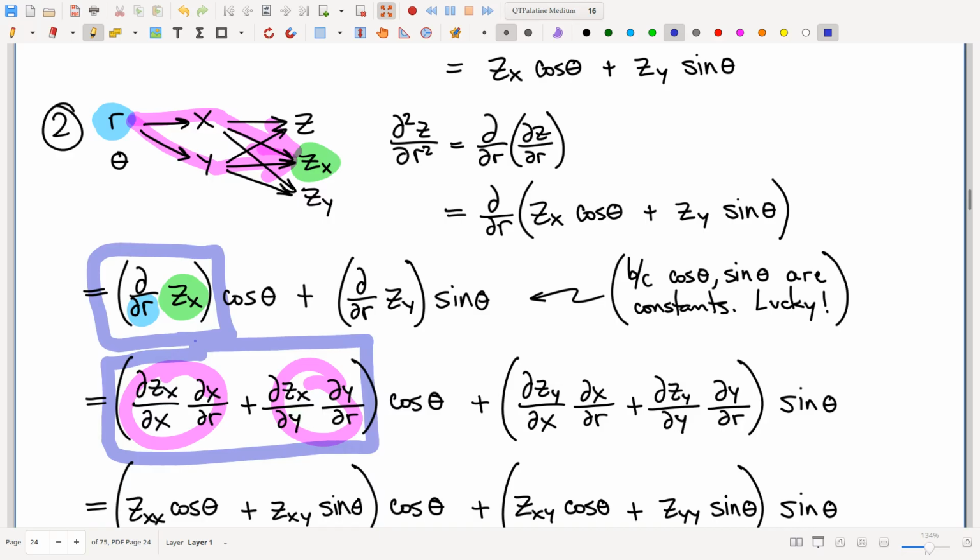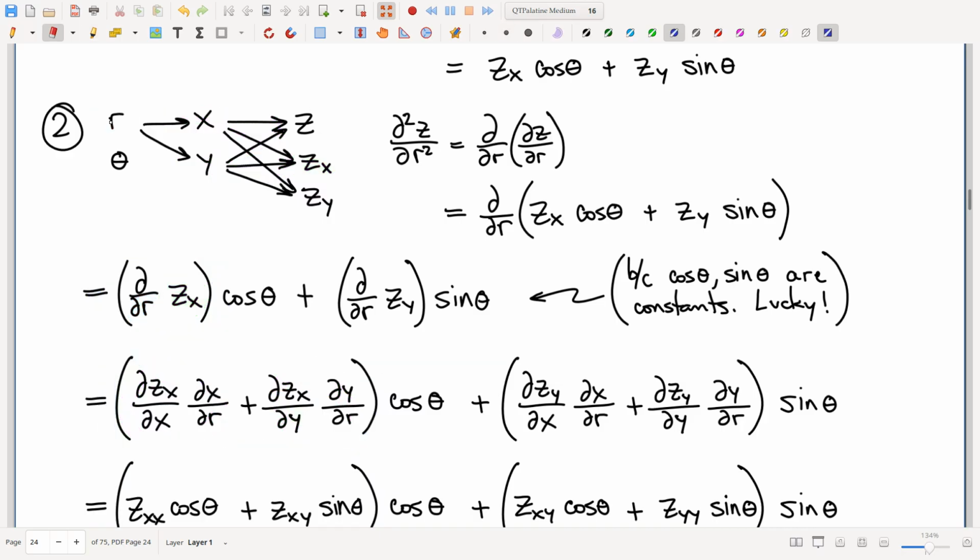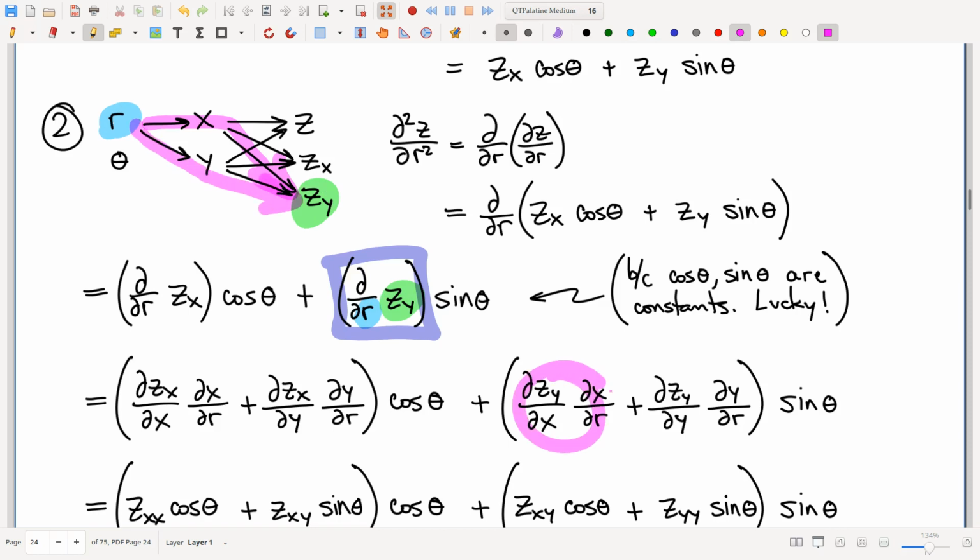Well, let's see here. Let's do the other one real quick. You notice we have the partial of zy with respect to r. All right, well, there's zy. Partial with respect to r. There's r. We have two paths, two intermediate variables, two terms.